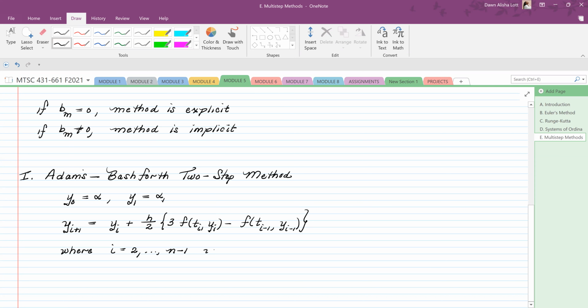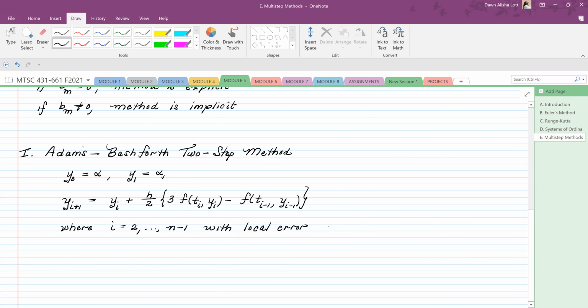And this has local error that is 5 over 12 y triple prime at c i times h cubed, for t i minus 1 less than or equal to c i less than or equal to t i plus 1.